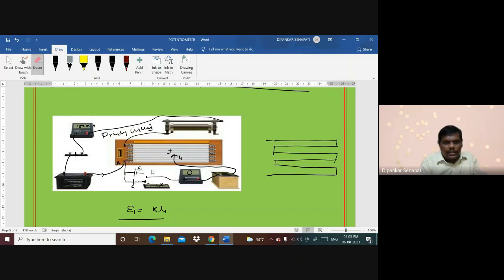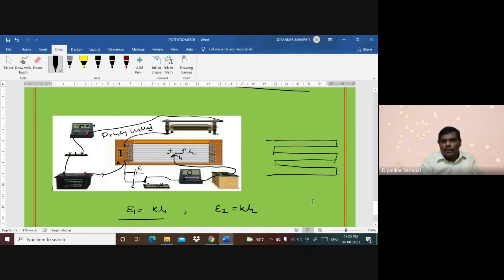We'll get a balance point somewhere else, and let this be at L2. Length means we are measuring the total length of the wire starting from A, 100, 200, 300, 400, like this. So for E2, we get E2 equal to K into L2.